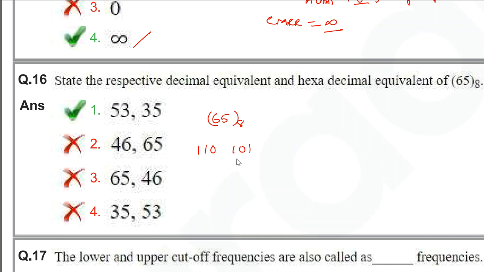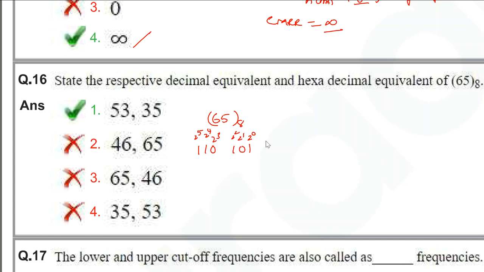and I will represent it in terms of its binary weights, that is 2 power 0 into 1 plus 2 power 1 into 0 plus, and so on: 2 power 0, 2 power 1, 2 power 2, 2 power 3, 2 power 4, and 2 power 5.